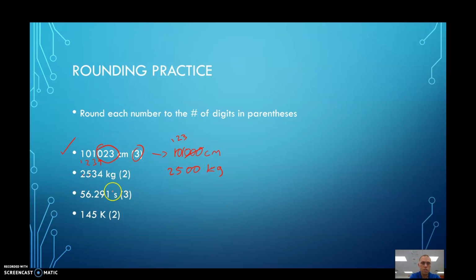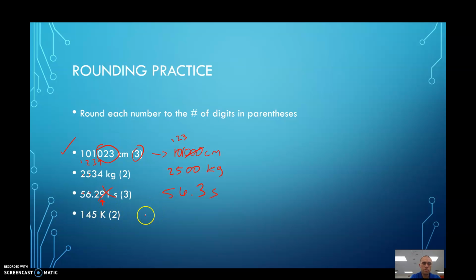We've got 3 sig figs. 1, 2, 3. Round based off of that one. That number's above 5, so this number, my 2, is going to get bumped up. 56.3 seconds. Everything else after the decimal point, since this is after a decimal, all of this just drops off.